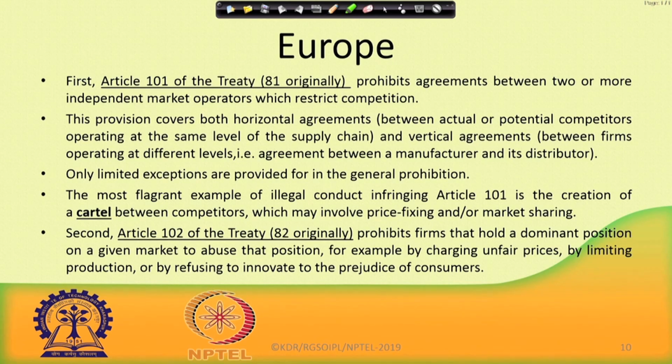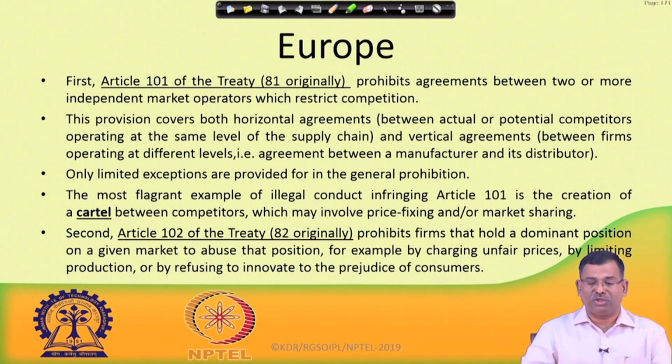And Article 102 of the treaty very clearly prohibits firms that hold a dominant position from using their dominant position in the market and exploiting the market. For example, by using the dominant position, they charge unfair prices, limit production, bundle products, use tying agreements, and refuse to innovate, which is absolutely prejudicial to consumers.